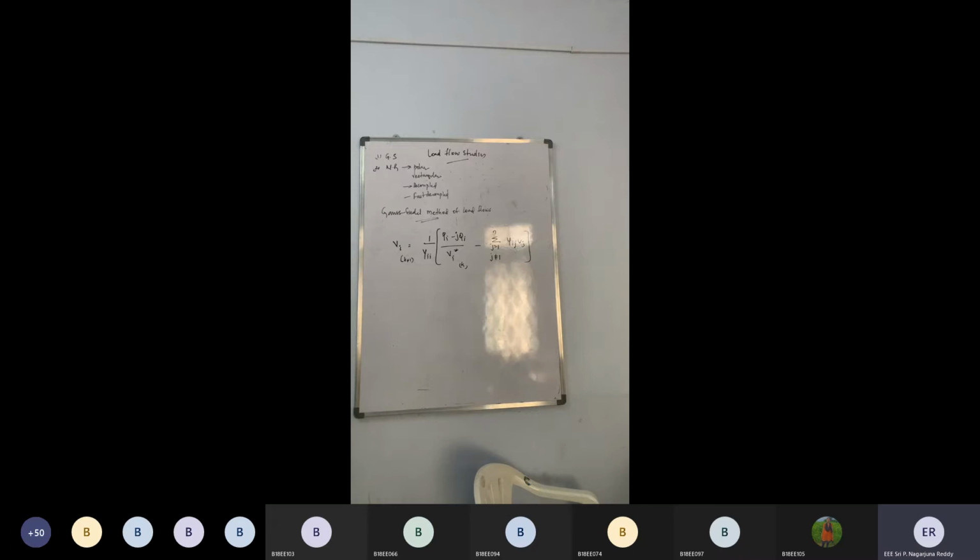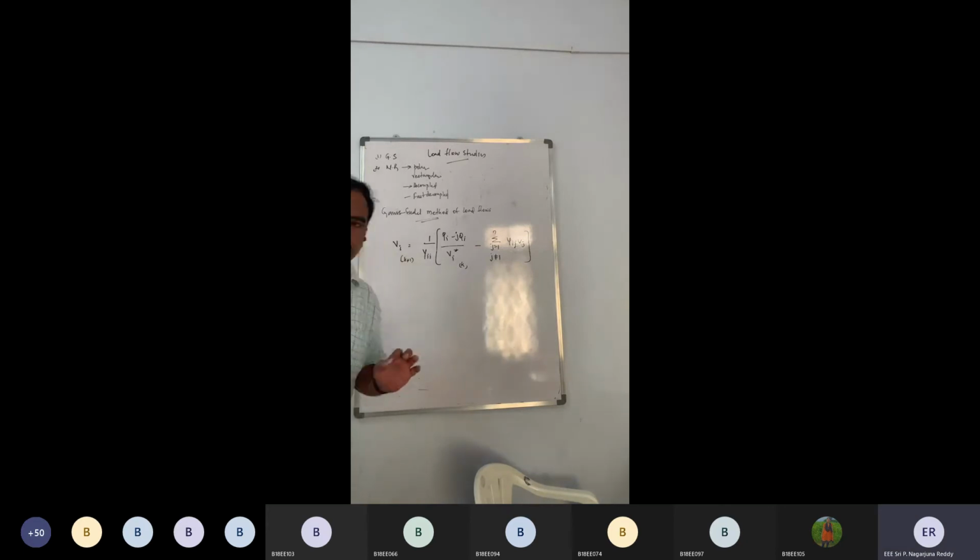You remember and note down this equation. Vi^(k+1) is equal to, where k indicates the iteration. For the next iteration, for any bus, I am supposed to employ the voltage of the previous iteration: 1 by Yii, times (Pi minus jQi over Vi conjugate, minus summation j equals 1 to n, j not equal to i, Yij Vj).